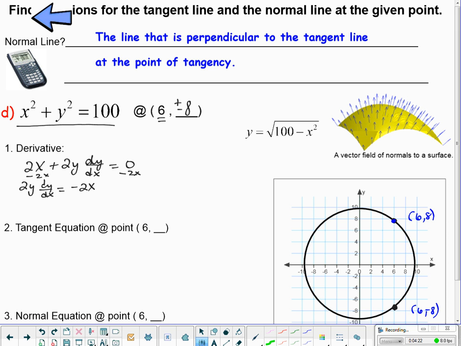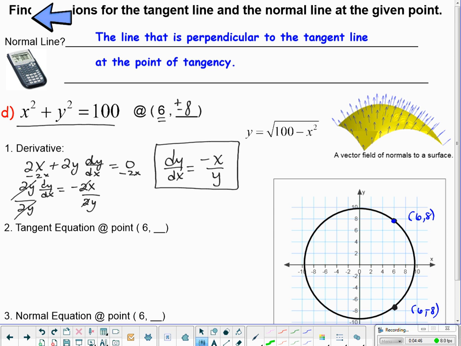Divide by 2y. And that'll cancel on this left side, and I get the derivative dy dx is equal to negative 2x over 2y. The 2 cancels down to 1. I get negative x over y. Let's hang on to that.